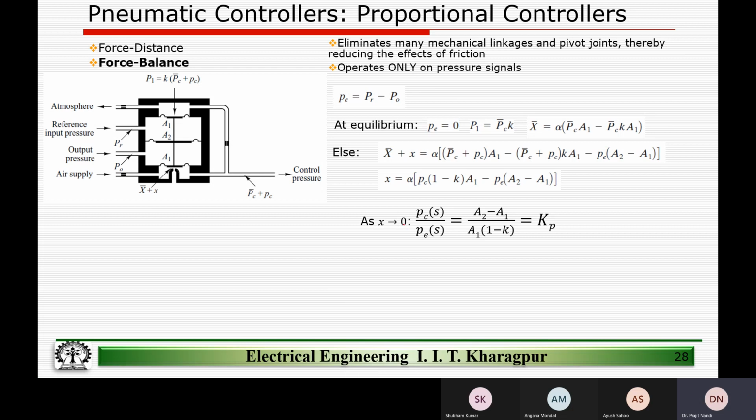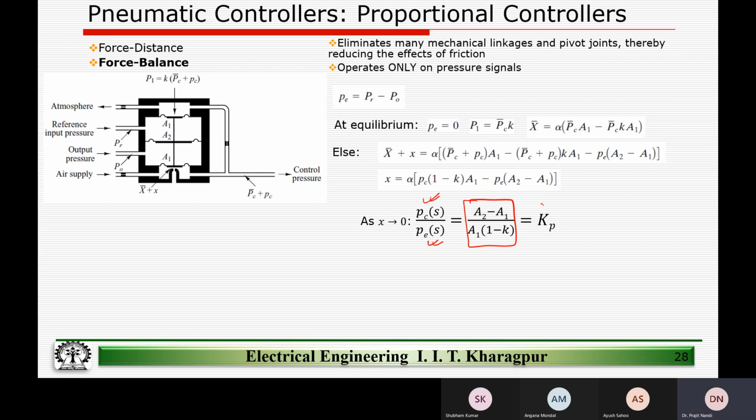For very small movement of x, we can bring this guy here, do the math, and then we end up with the control signal PC as a function of the error signal PE, and this again is a proportionality constant, right?